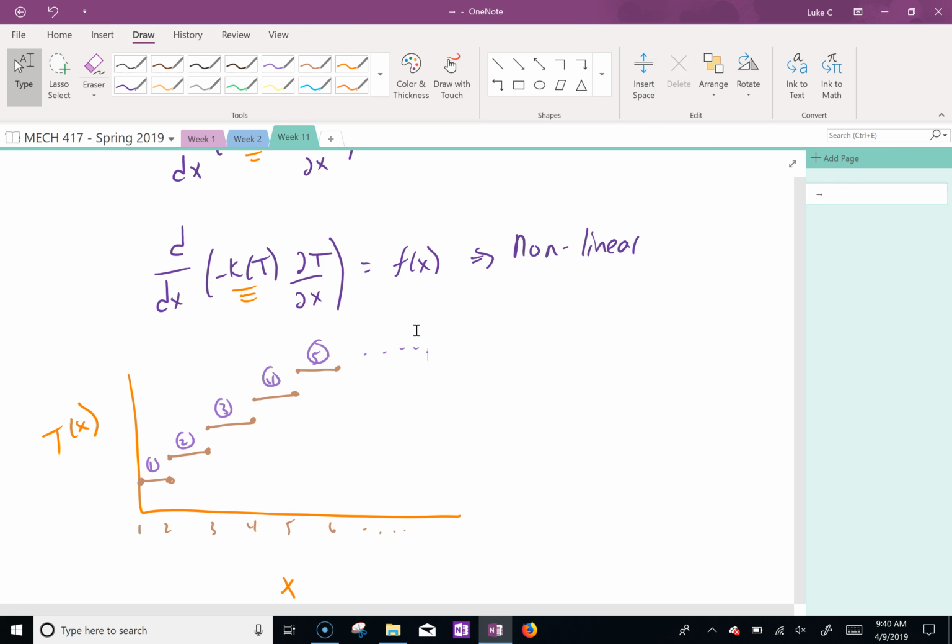What we're going to do is look at this slightly different. Before, you would split up the elements, and then at each element you invert K and solve for those, right? Well, we had equations already developed for each element.